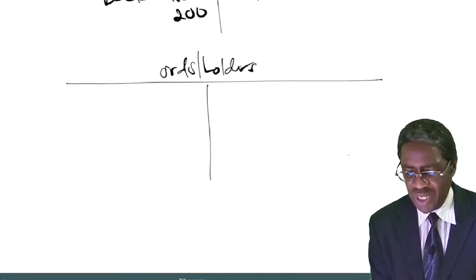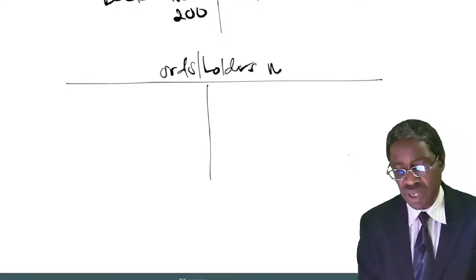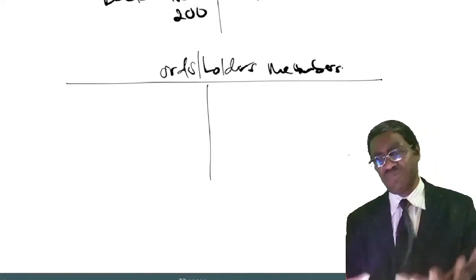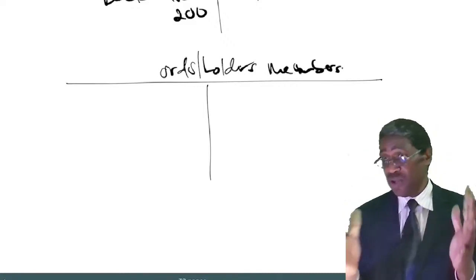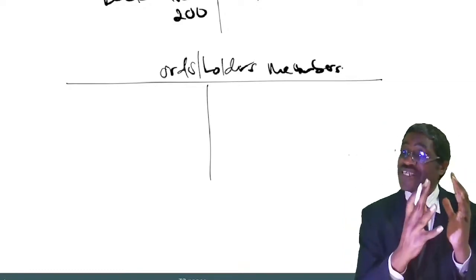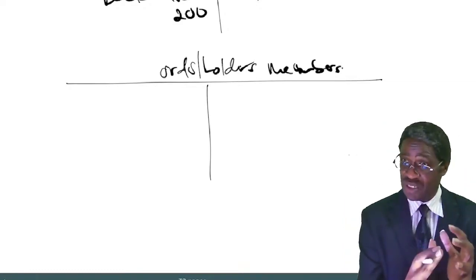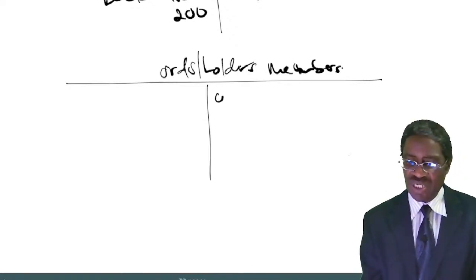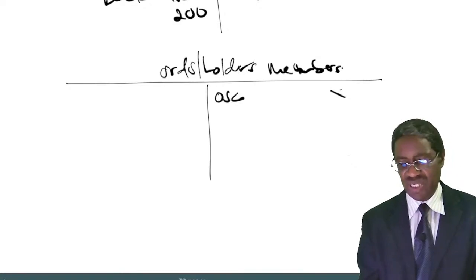Some books will call it ordinary shareholders sundries members account, whichever it is. I close the ordinary share capital by debiting it, since share capital is a credit, and you credit the members account.